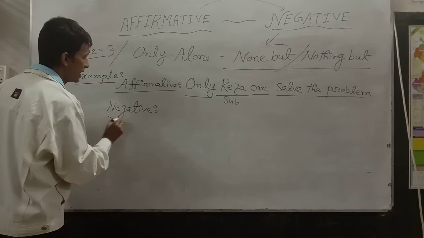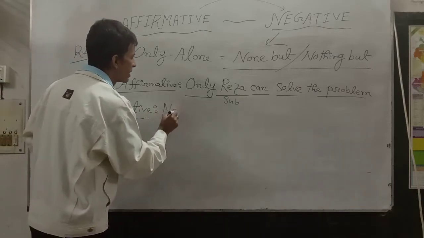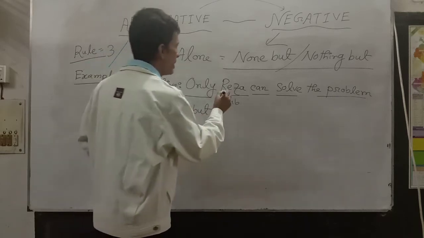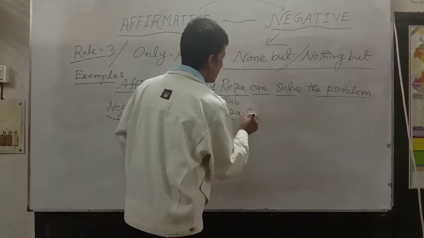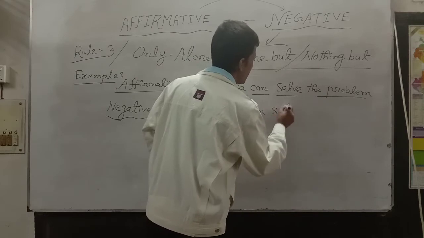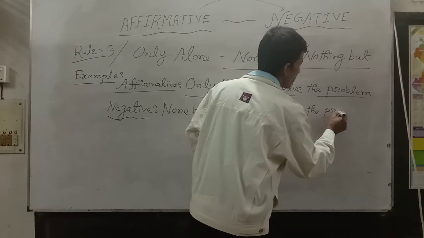This negative sentence will begin by writing none but. Then you will place the subjective case Reza. After that, you will write the modal auxiliary, then the main verb in the present form, and at last the objective case.